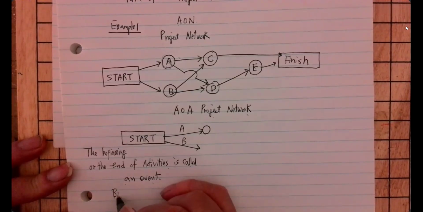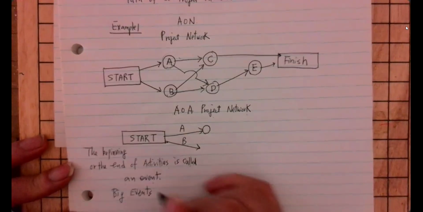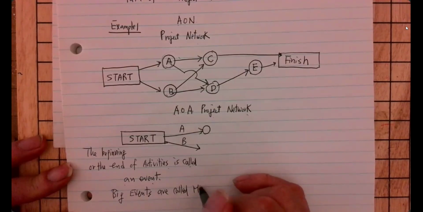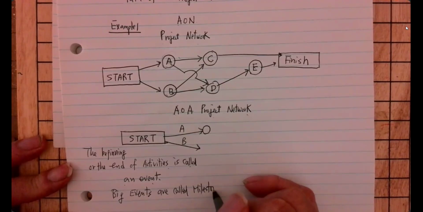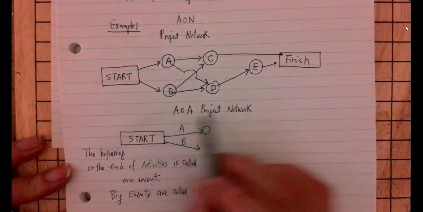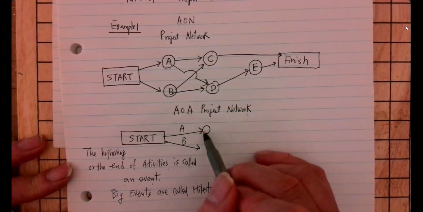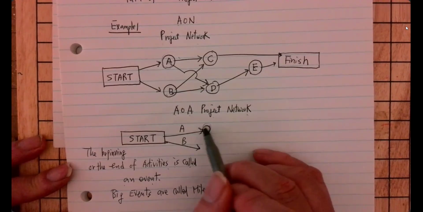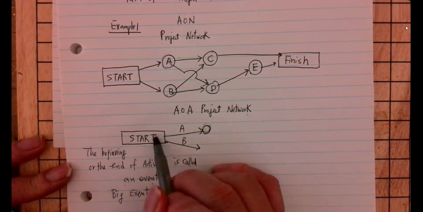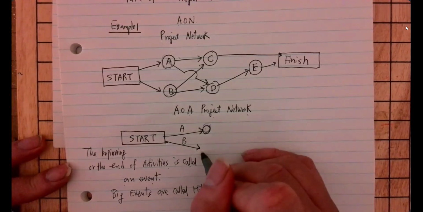And big events are called milestones. Okay, so this is the AOA project network. Activity A is represented by an arc. At the end, this is an event. And start is a big event, so start is going to be the milestone. Okay?